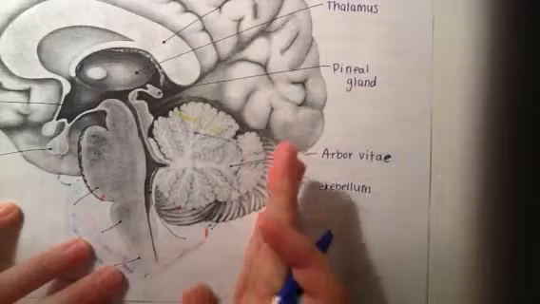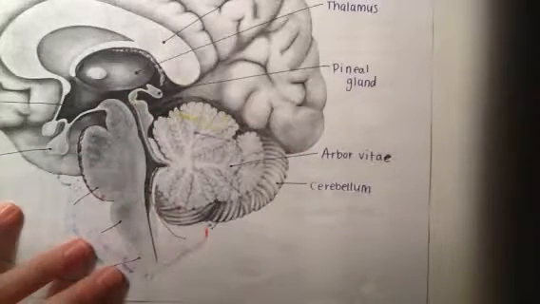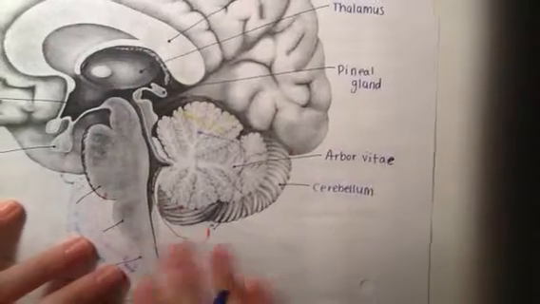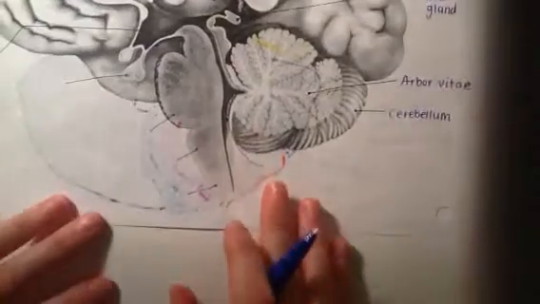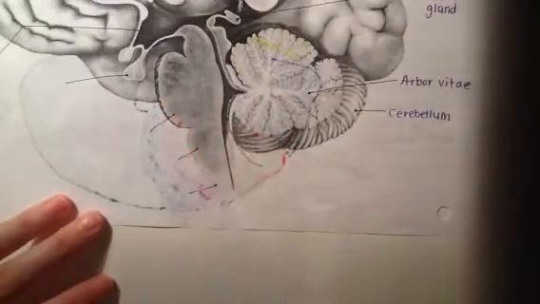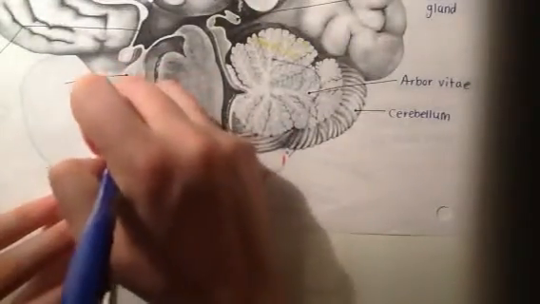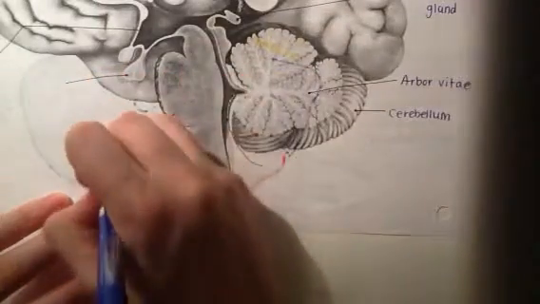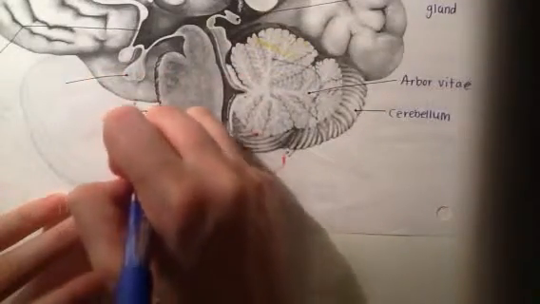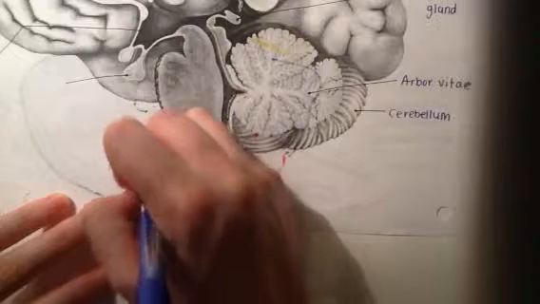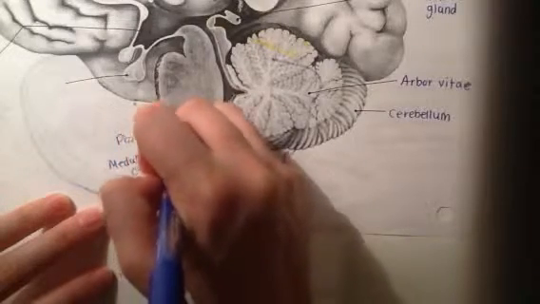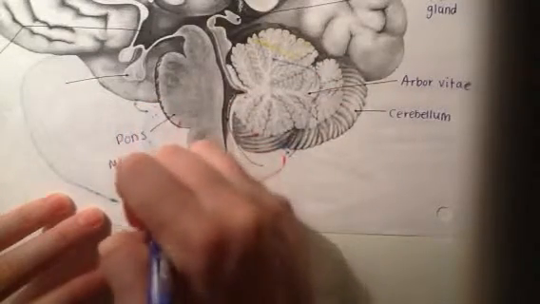And all they've done is kind of slice off a cross section of it. You remember the acronym from the other side, PMS. We have our pons. We have the medulla oblongata. And we have the spinal cord.